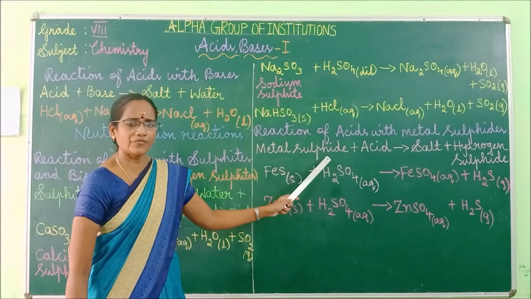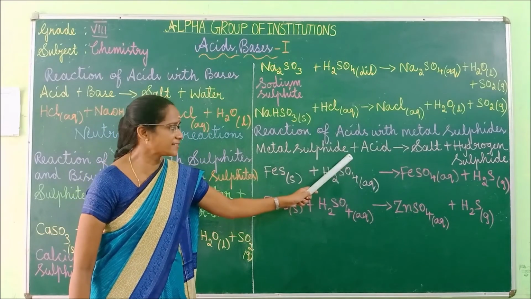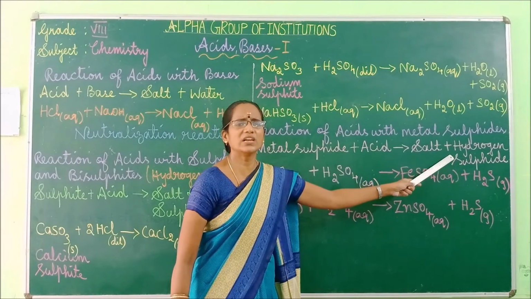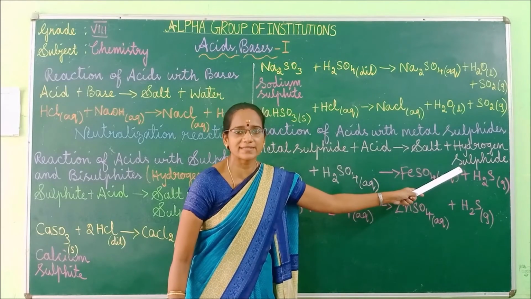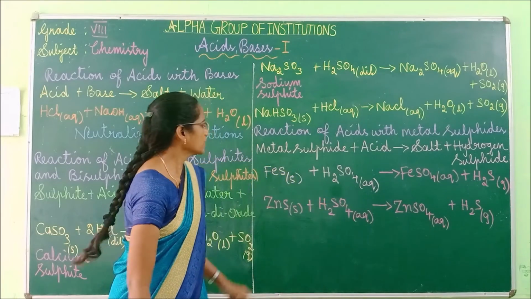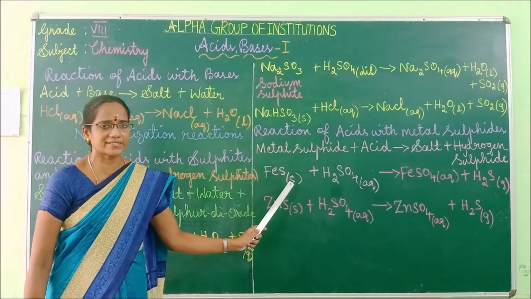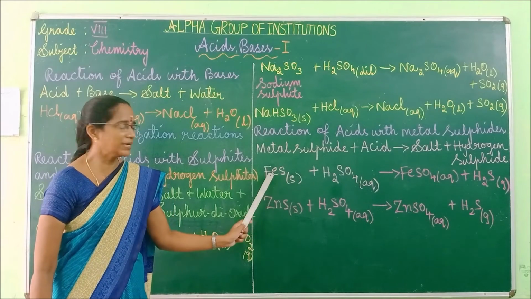So when a metal sulfide reacts with acid, both react to produce salt as well as hydrogen sulfide gas. For example, FeS is iron sulfide or ferrous sulfide. Fe means iron.